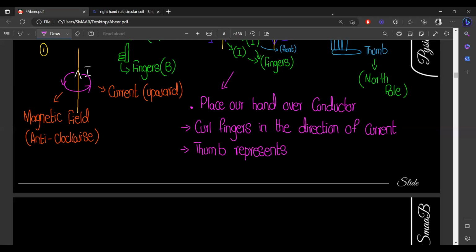But if you place it in front of the conductor, you are also getting the same direction. So don't get confused about whether we need to place it at the back of the conductor or the front. Just take it simple, place your fingers in the direction of current and you will easily get the direction of magnetic field in the right hand rule when we are talking about two quantities only.